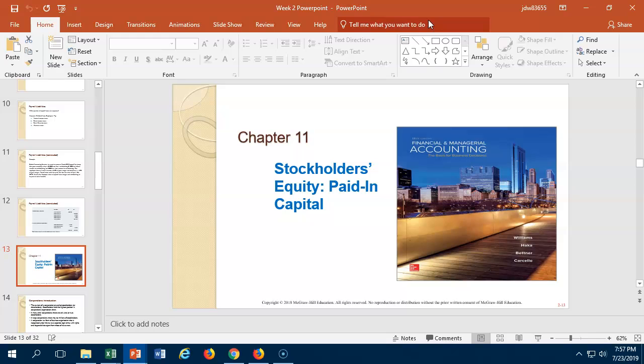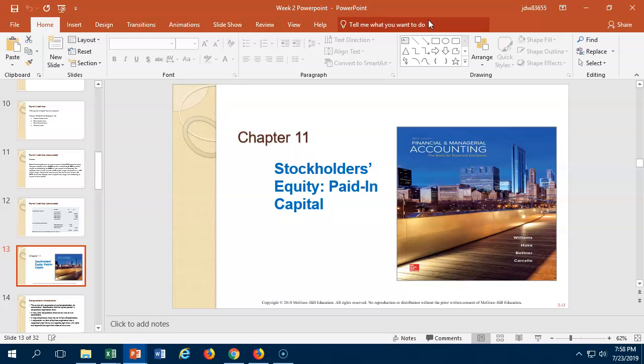Since we're talking corporations here, it would be stockholders' equity. Equity is still the answer though. Retained earnings, is that a balance sheet or income statement? Correct. And what section of the balance sheet? Equity, correct.